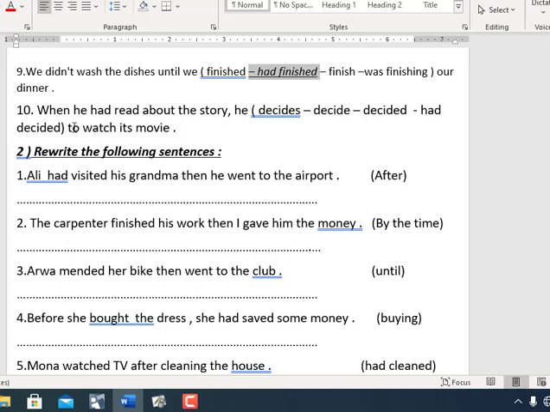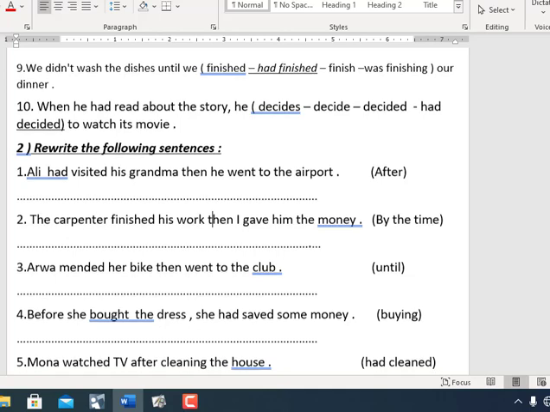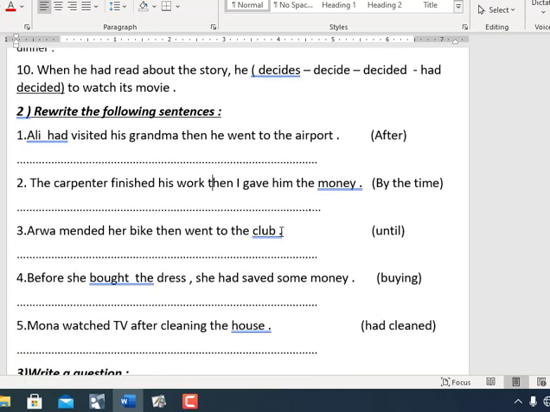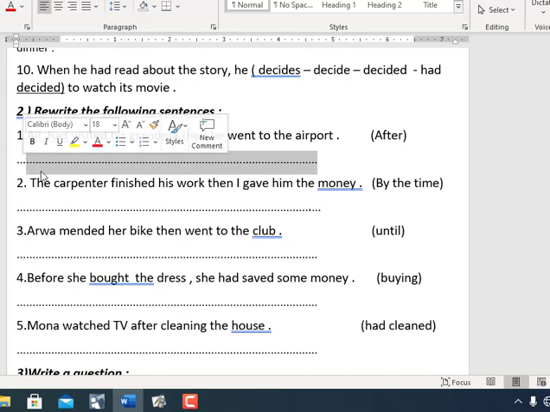When he had read about the story, here we have the first action, the second part will be, yeah, he decided to watch its movie, the second action. Ali had visited his grandma, then he went to the airport.